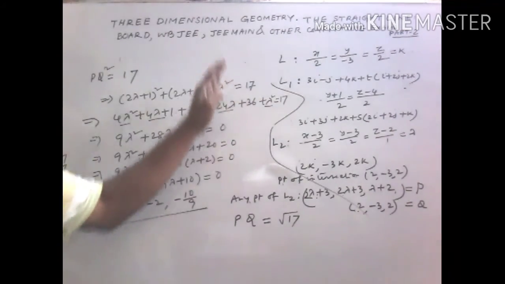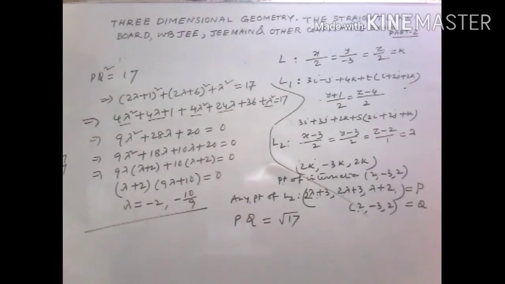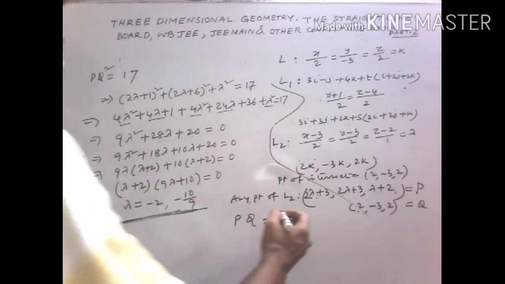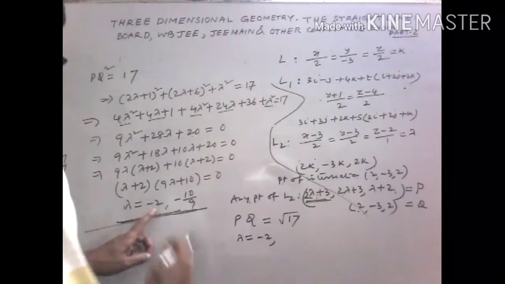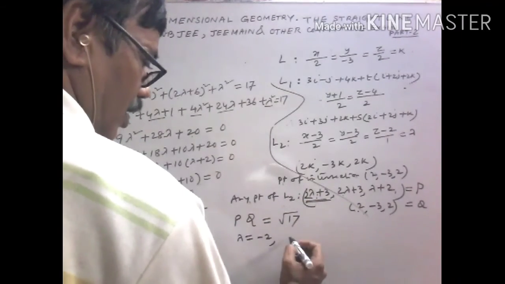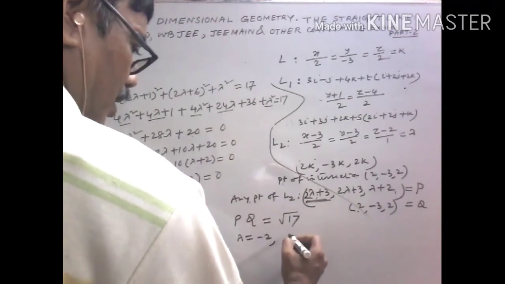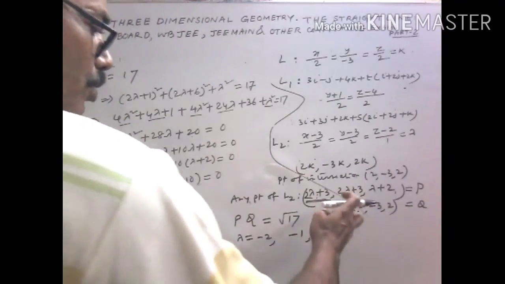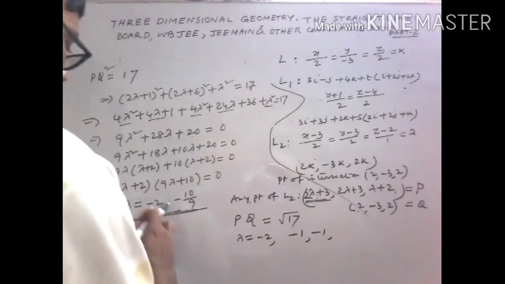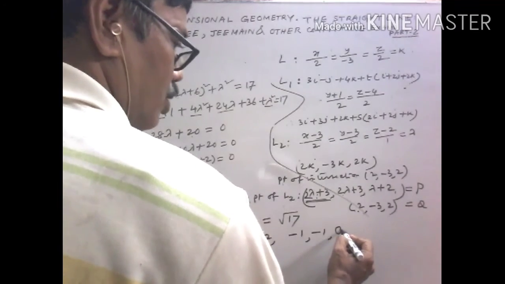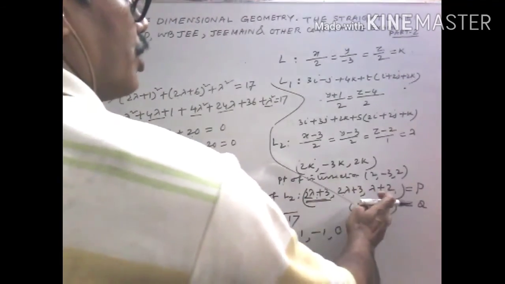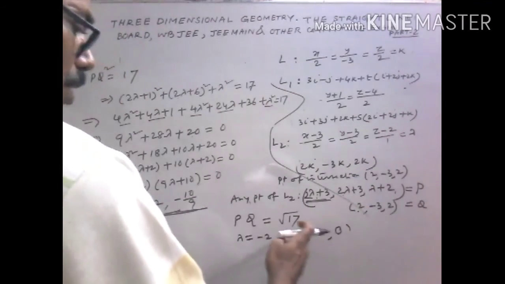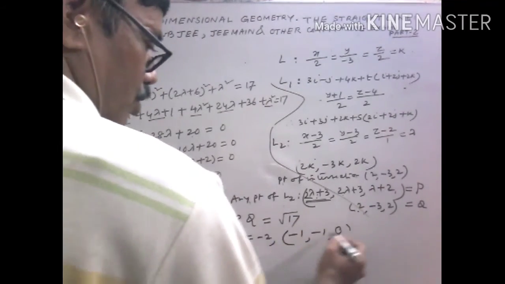So this is very lengthy also. Putting lambda equals minus 2, we get minus 4 plus 3, so one coordinate is minus 1, and lambda plus 2 gives 0.